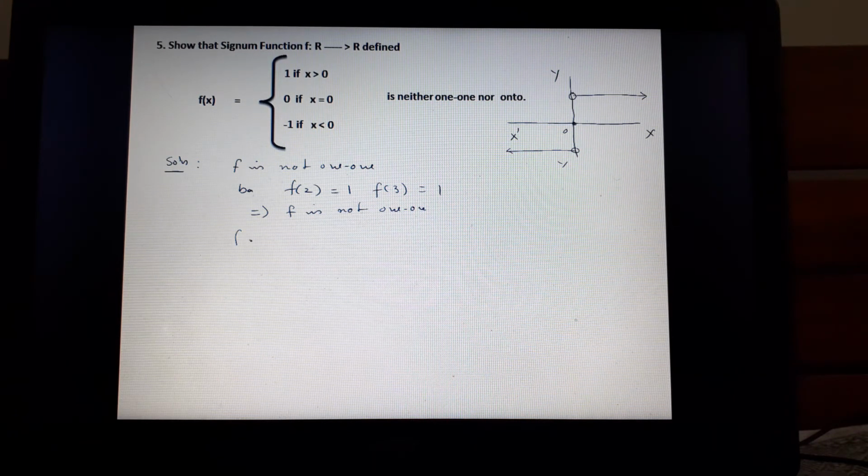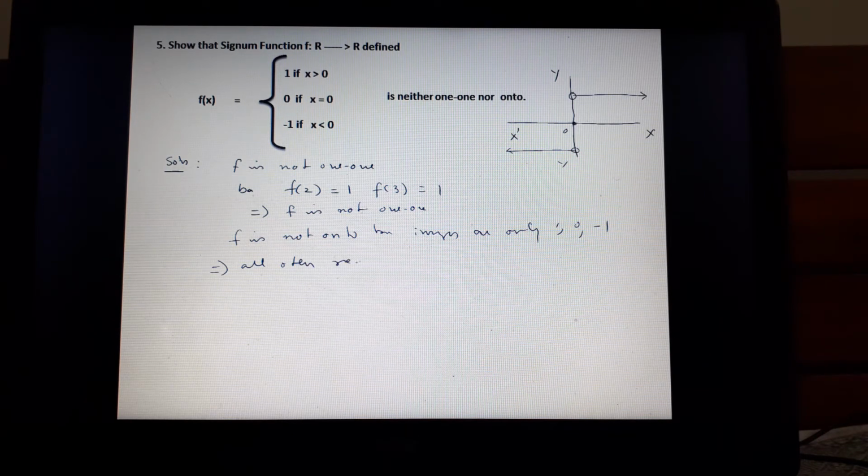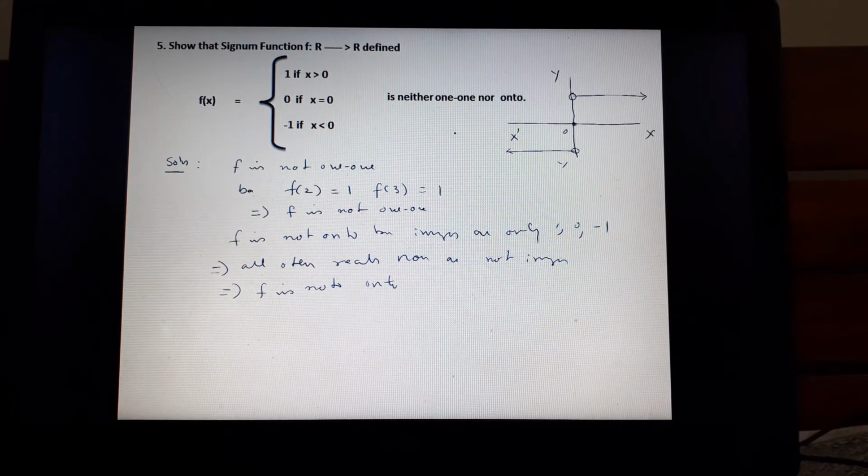Then f is not onto because the images are only, look here, 1, then 0 and minus 1. All the remaining elements here are left out. So this implies all other real numbers are not images. So this implies f is not onto. f is not onto. So this is the fifth question.